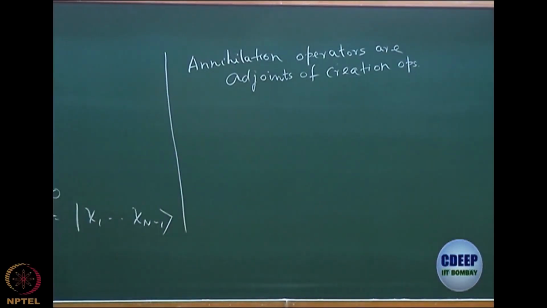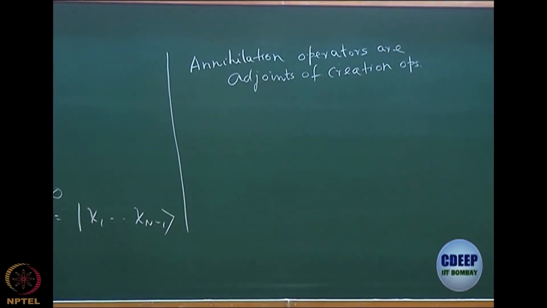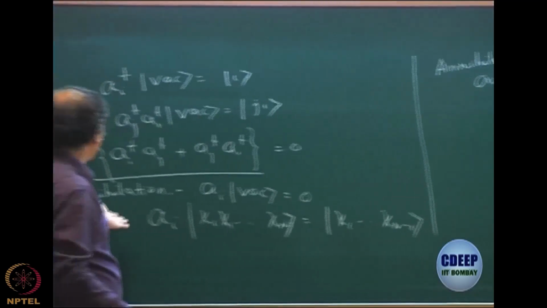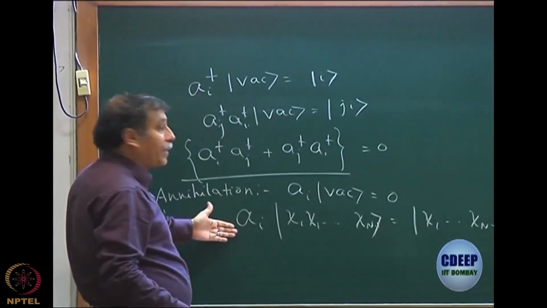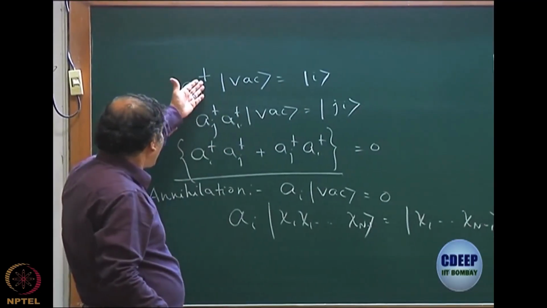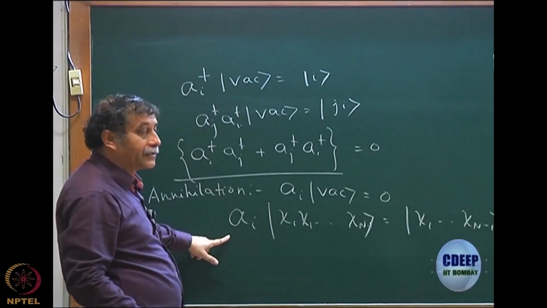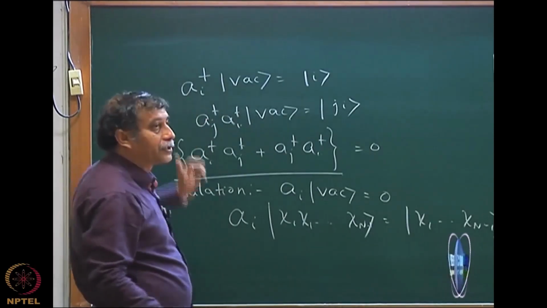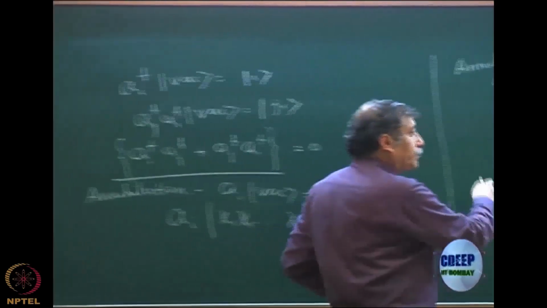So, that is what we wanted to show. This is the definition of the annihilation operator. Why is it an annihilation operator? I have written now AI, but of course, this is AI dagger. It is deliberately written because I will now show that they are adjoints of this. We did that last time.